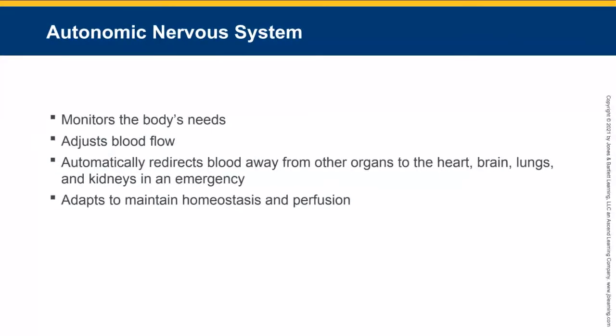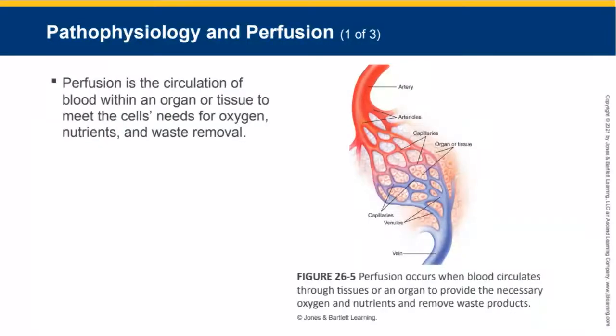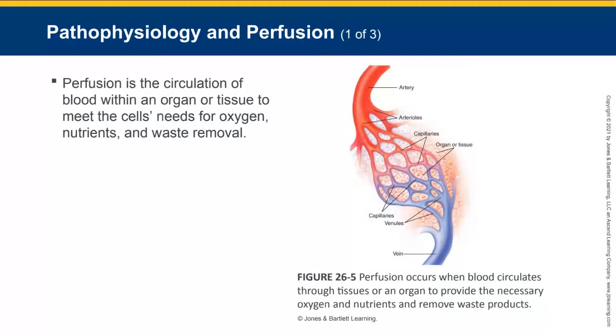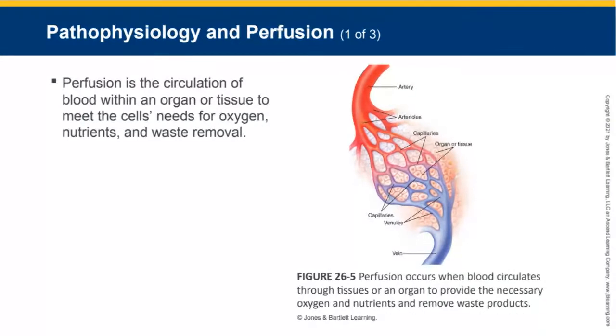The body adjusts the flow of blood based on the activities that we are carrying out to maintain a state of balance and proper perfusion. So that's a review of the circulatory system.